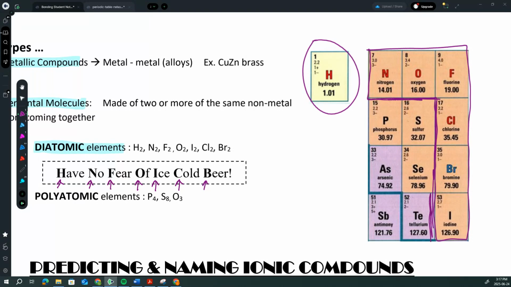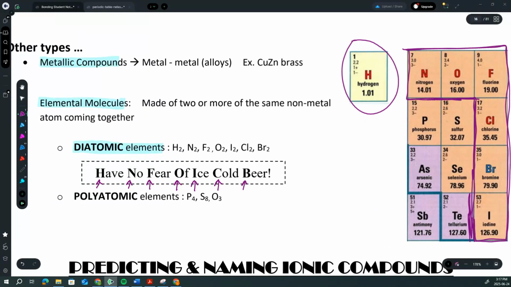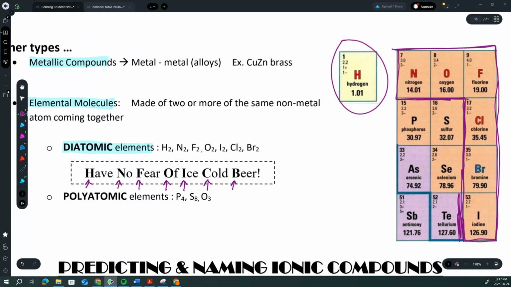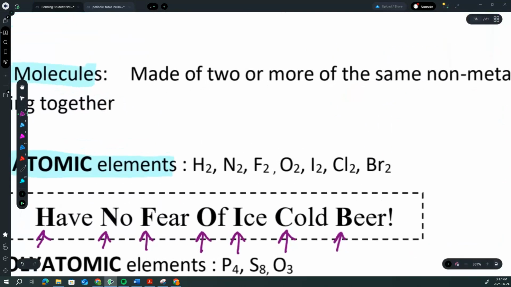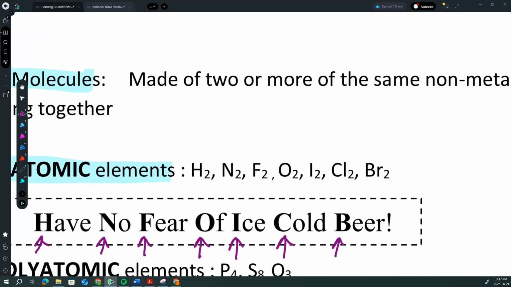So you could use that to help you memorize, or my personal favorite for memorizing the diatomic elements is just saying Hofbrinkel. So that's just rearranging the symbols for each diatomic element just a little bit differently.